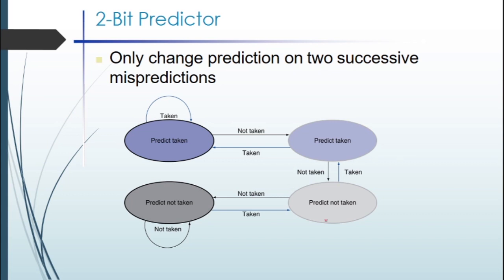Similarly, from not taken, it will only move back to taken when there are two mispredictions. So it will not change on every misprediction, like in a single-bit predictor.